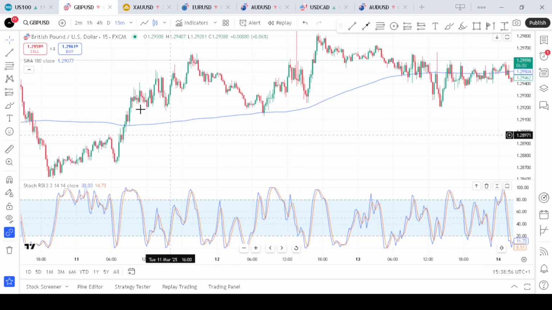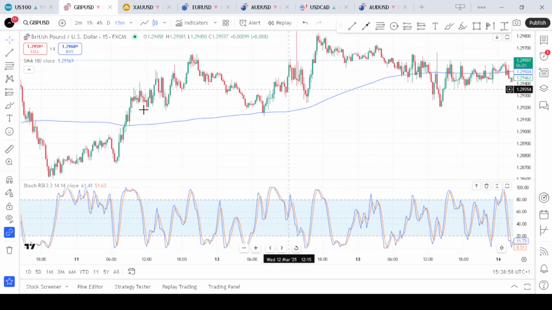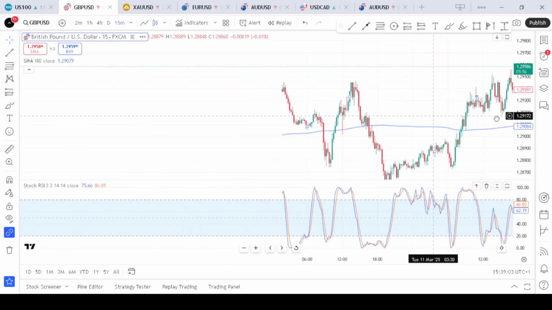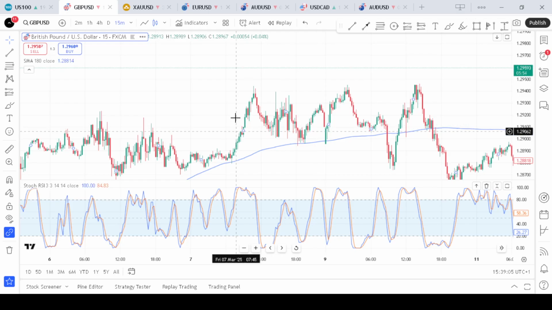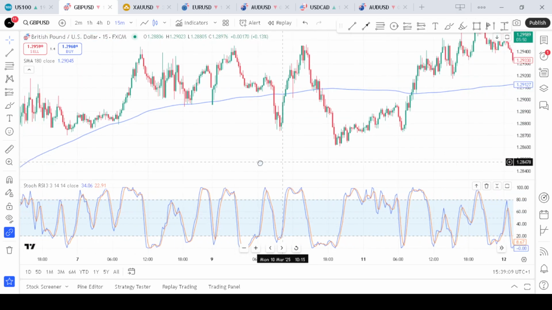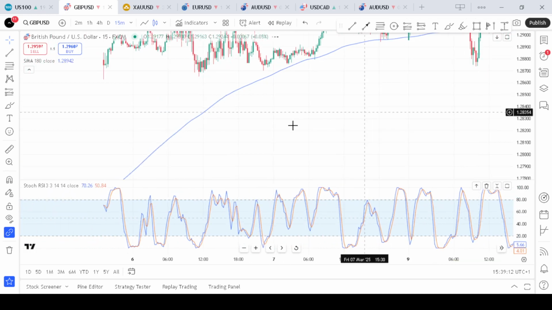So when price is above the 180 period moving average, we are in an uptrend. Conversely, when price is below the simple moving average, we are in a downtrend. This is basically what it means.